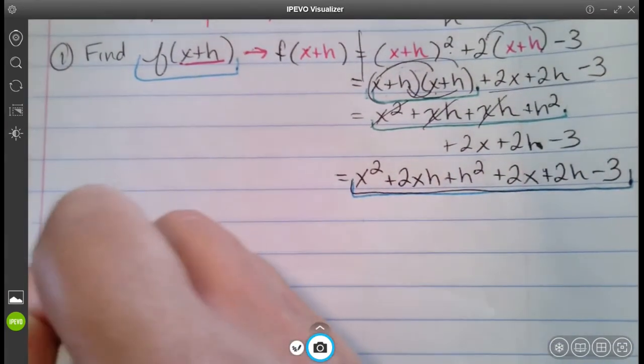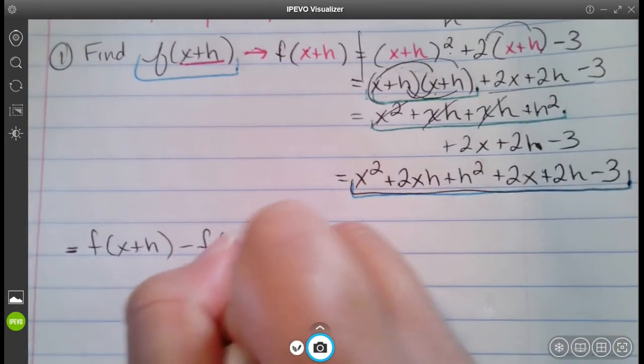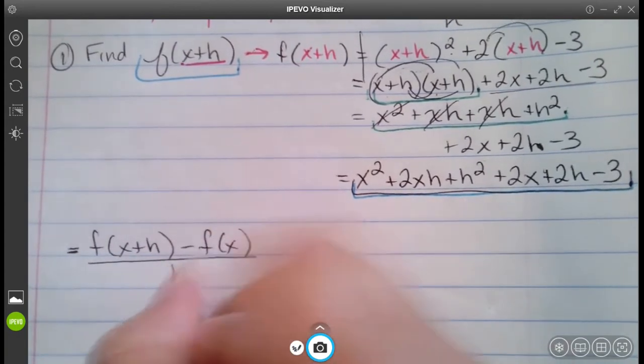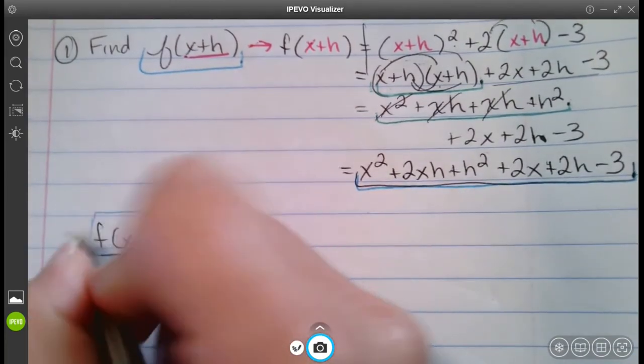So we're going to start. I'm going to rewrite it first. F of x plus h minus f of x over h. Okay. And we're going to plug everything in. So my f of this part right here is all this.